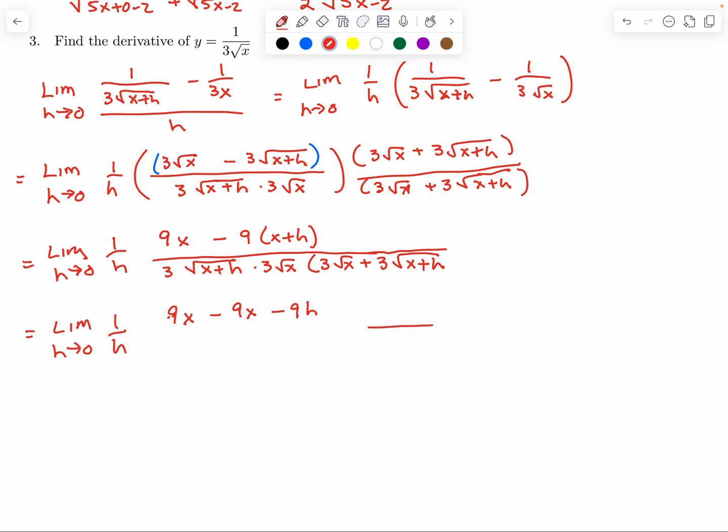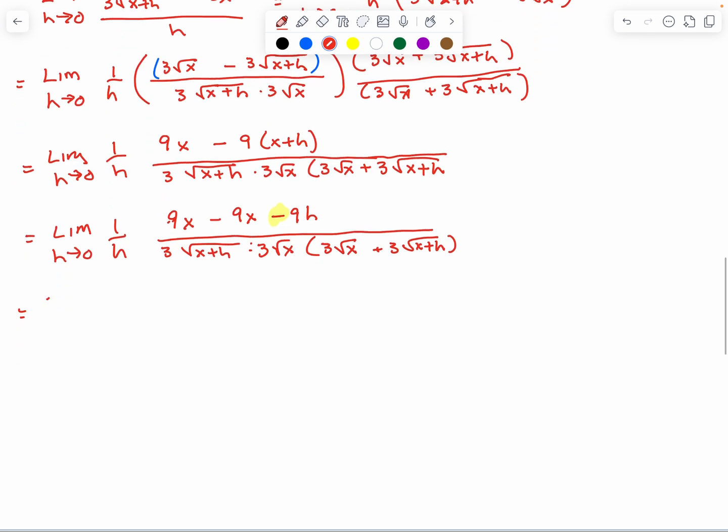I'm writing it out a second time because you've got to be very careful that you're canceling the 9x's and leaving a negative 9 with the h. The more steps you can stand to write down, the less you're likely to suffer from arithmetic problems. Terrible h.